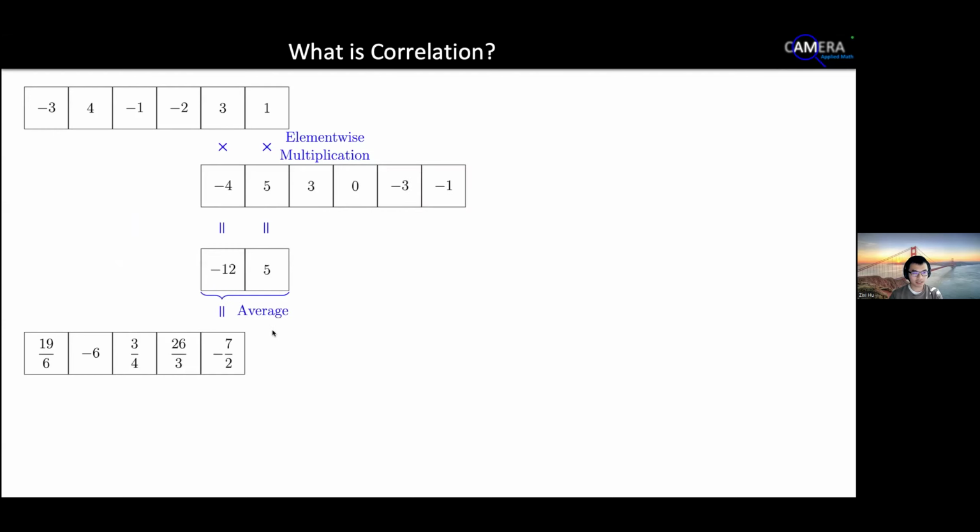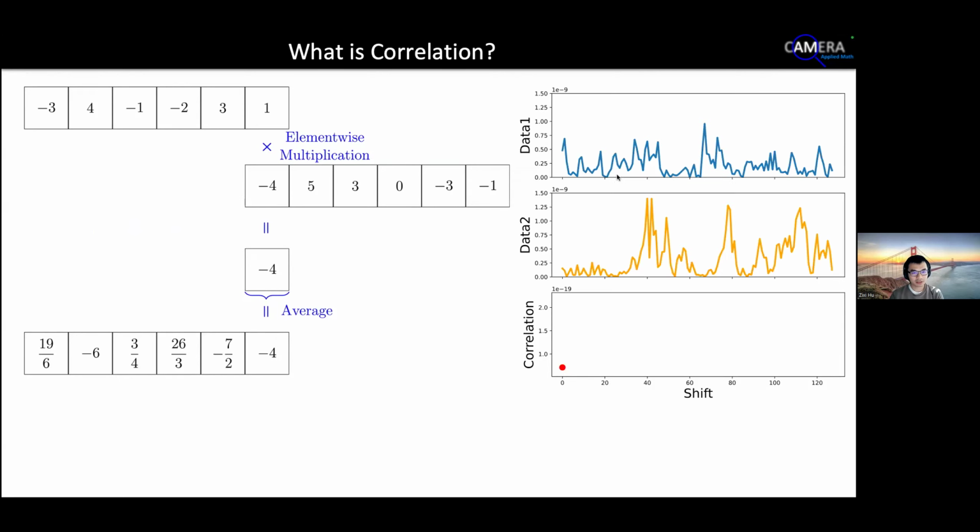By repeating this process, we can get a new data array, which is the correlation data array of the two original data arrays. On the right side, you will see two functions, one in blue and one in orange. And here's a red dot representing the value of the correlation associated with the current shift between these two functions, which is 0 at this moment.